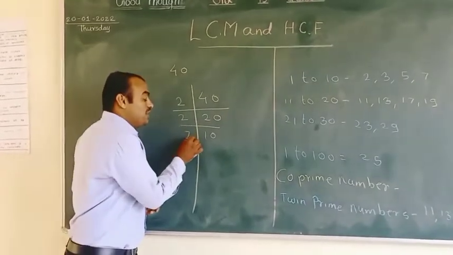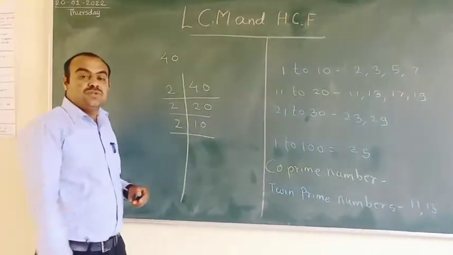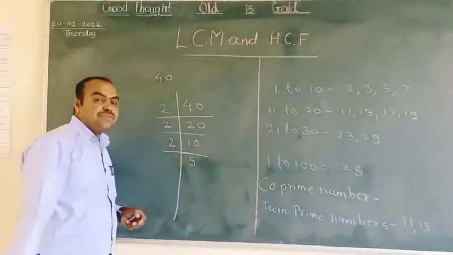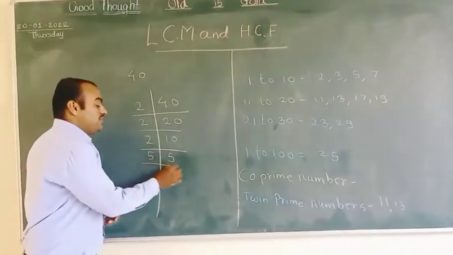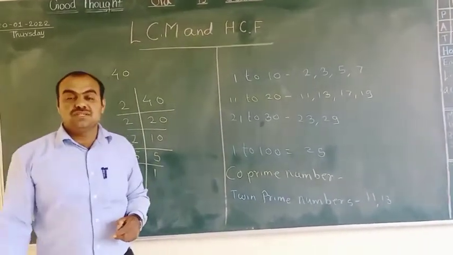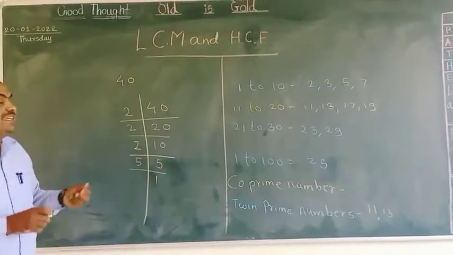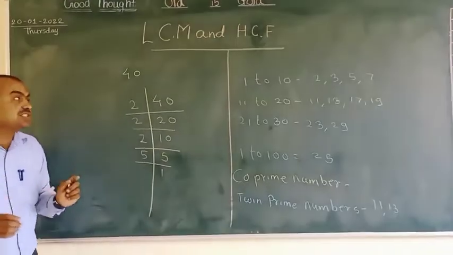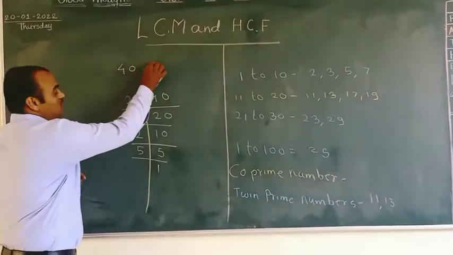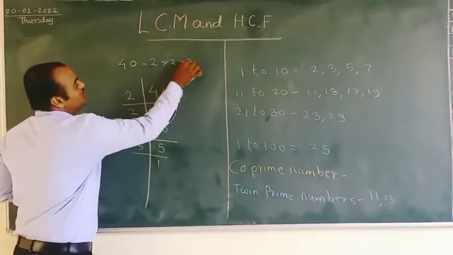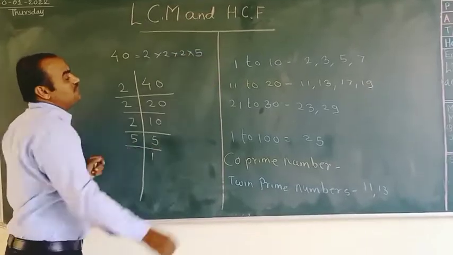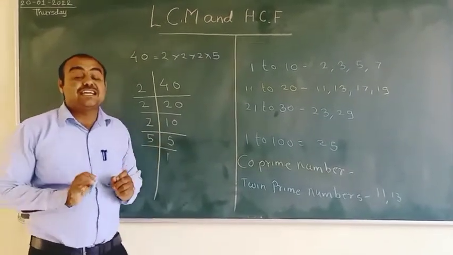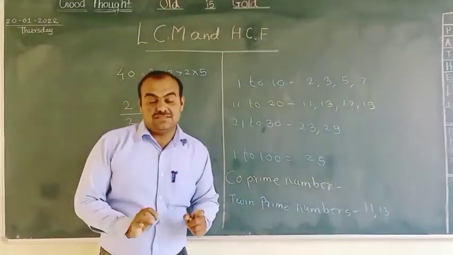Again divide by 2, then we get 5. Then 5 divided by 5, we get 1. So 40 has these prime factors: 40 is equal to 2 into 2 into 2 into 5. These are all its prime factors.